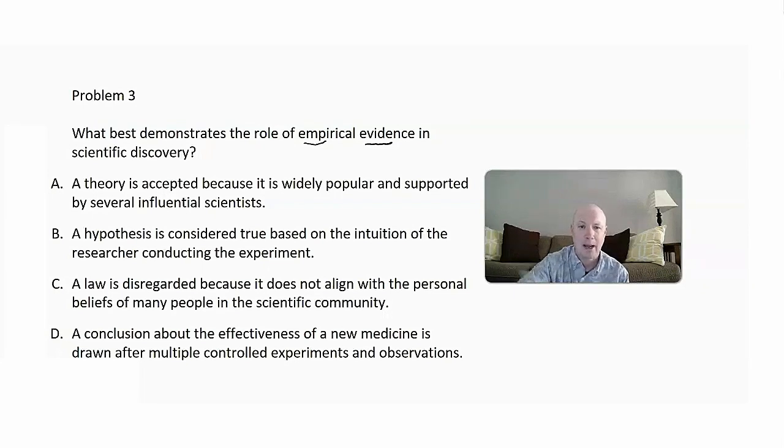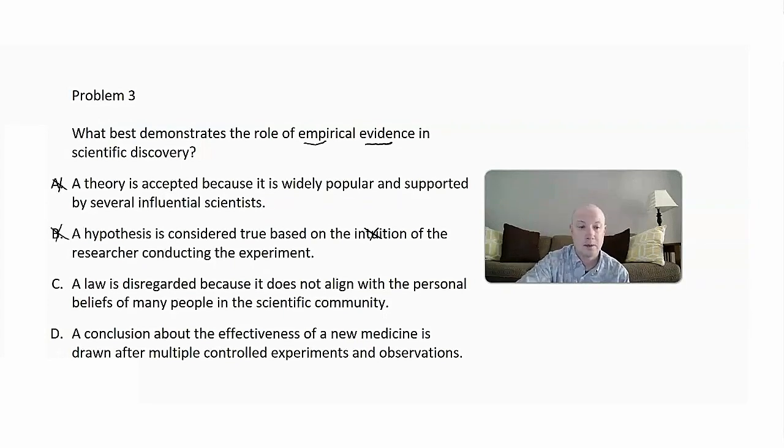Just because it's widely popular and supported doesn't mean it has enough to be a scientific discovery. So I'm going to eliminate choice A. Choice B, a hypothesis is considered true based on the intuition of the researcher conducting the experiment. Well, just because the researcher has intuition does not necessarily mean that this is a scientific discovery.